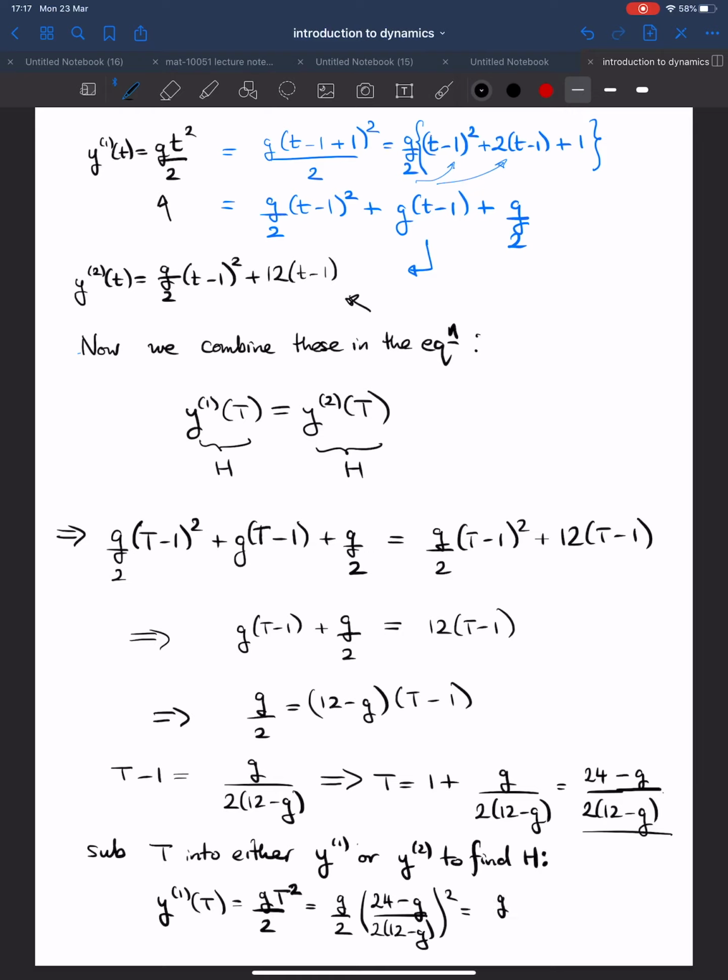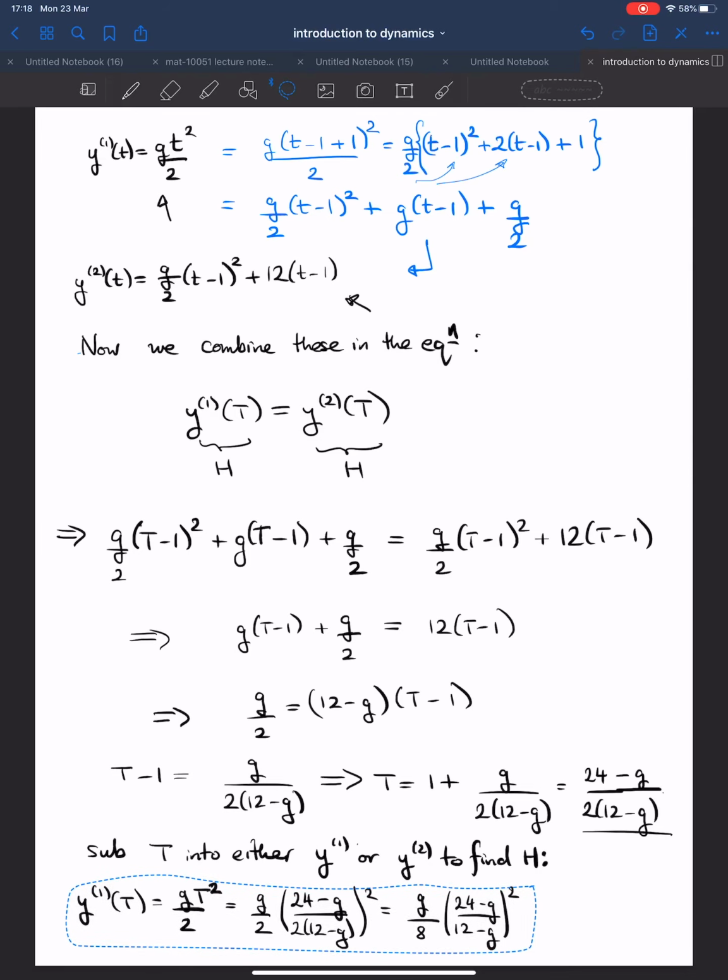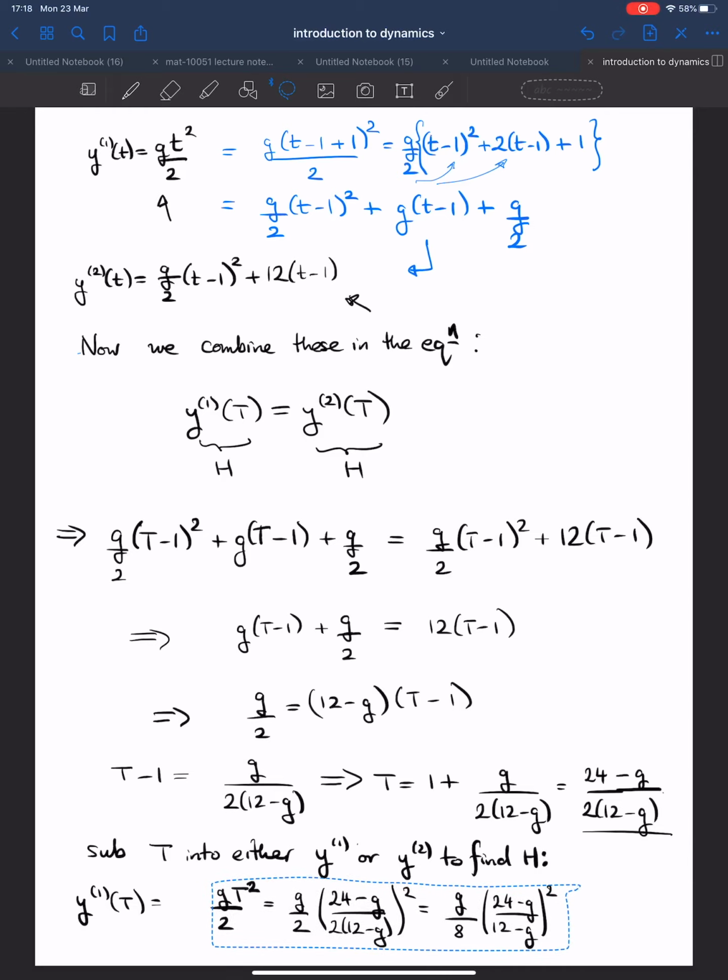So we have g over, now 2 squared in the denominator multiplied by 2 gives you 2 cubed, so 8. And then I have this. Okie dokie. So if you're interested in the height of this tower, that's it. This is h.